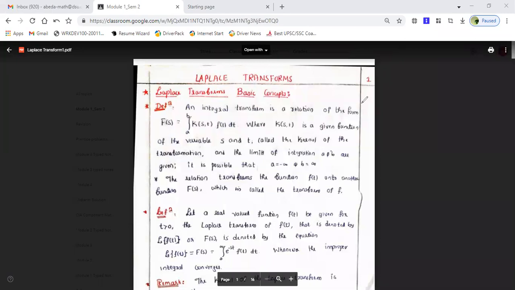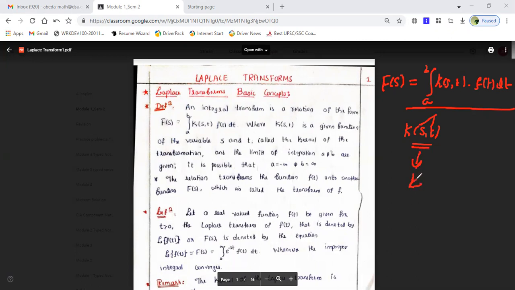Here we have many integral transforms. For example, if I have F of s equal to the integral from a to b of K of s,t into f of t dt. This is an integral transform where K of s,t is a given function with the parameters s and t. This is also called the kernel of the transformation.